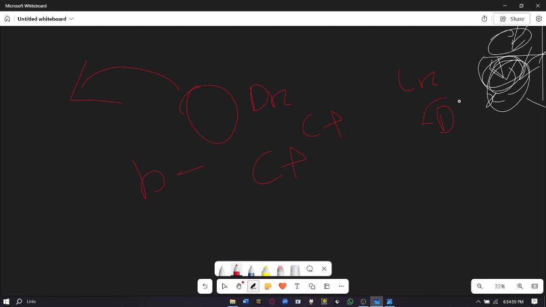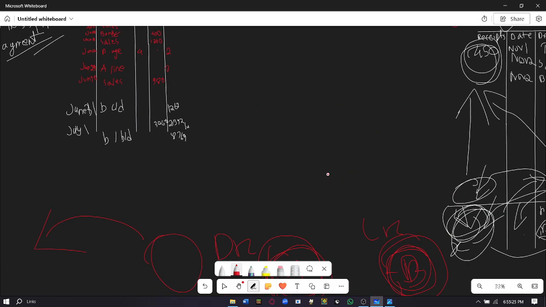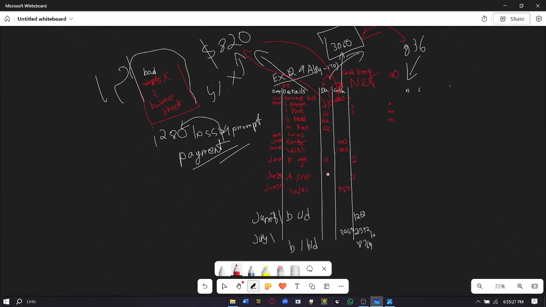So both of them will have the same value. Just on the debit side it's going to be cash, and on the credit side it's going to be bank. And in the details you want to put the opposite of what you put here. If on the debit side you put cash, in the details you would put bank, and on the bank side in the details you put cash, and beside it you'll put this contra sign, a C with a line through the middle, and that's pretty much it. There's nothing else I have to explain.